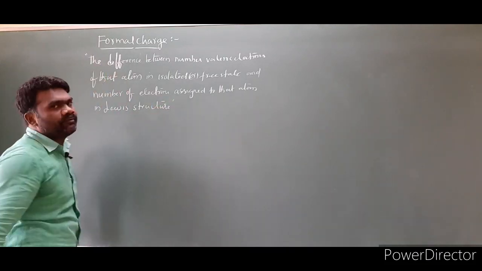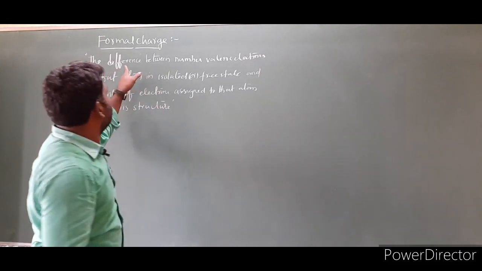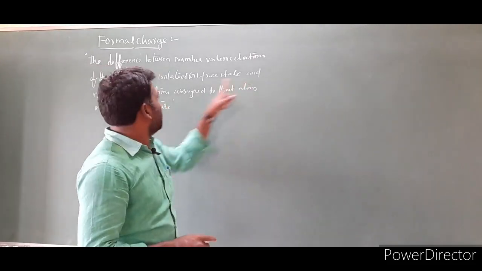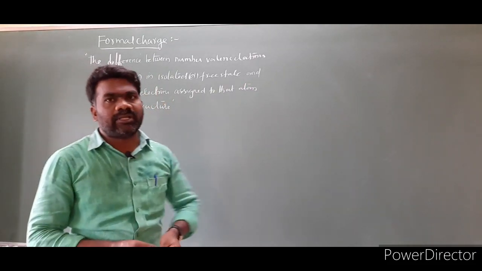So this is the definition of formal charge. The difference between the number of electrons of that atom in isolated or free state and the number of electrons assigned to that atom in a Lewis structure.